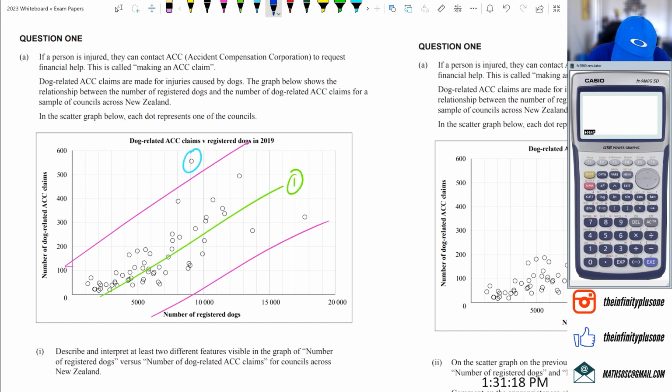I guess you can kind of say the cluster is somewhere there around the 2000 to, well, is it 2000 to 7000? 2000 to 7000. Yeah, I guess we'll put it around here. That's still a bit more spread out there. Okay, so we've got a few things that we can actually talk about.